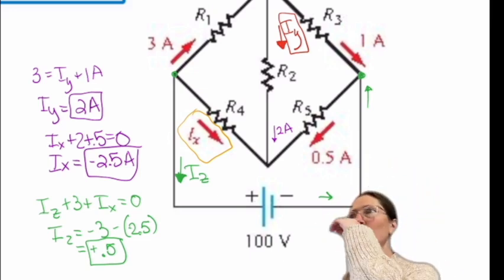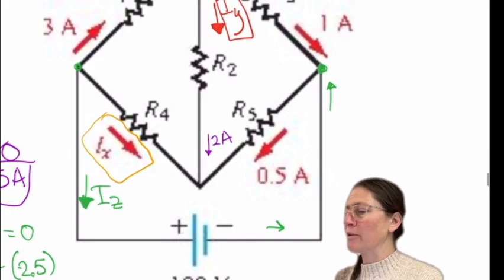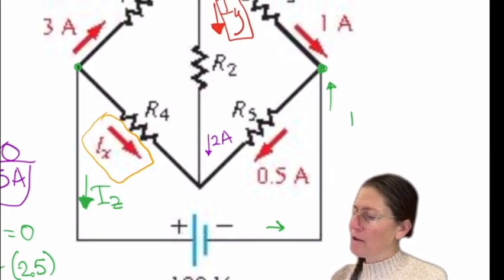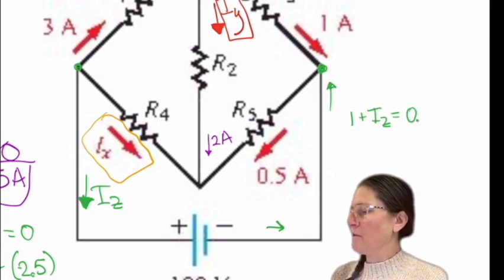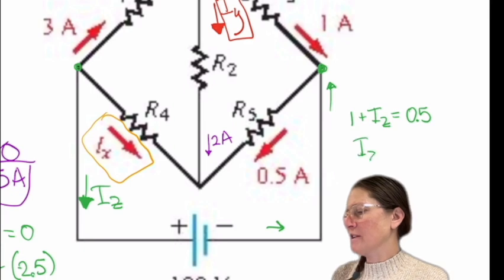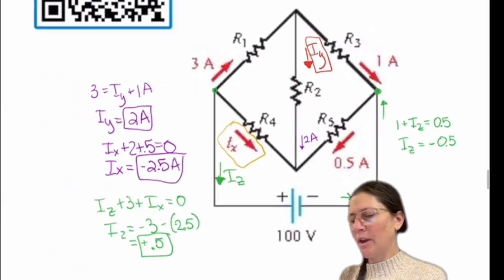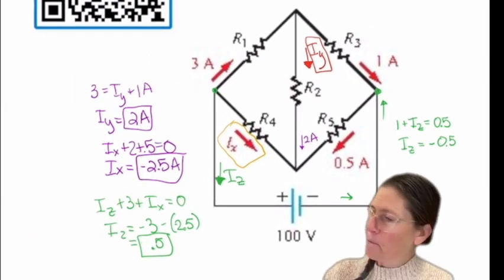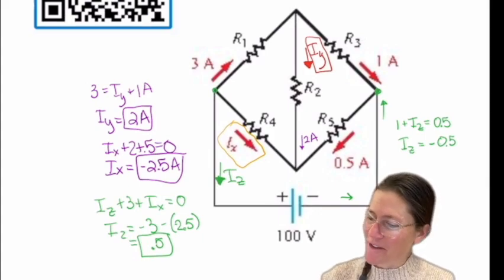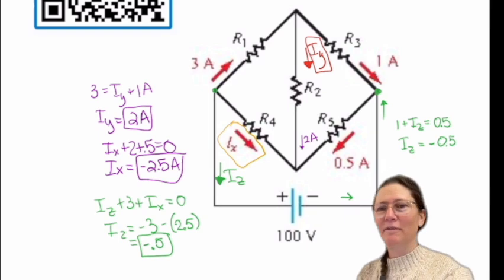So wherever it's labeled, you need to follow it around. So 1 amp going in, IZ going in, 0.5. So IZ is a negative 0.5. So the same. Oh wait, I did do my negative over there. Sorry. Negative 3 plus 2.5 is a negative 0.5.